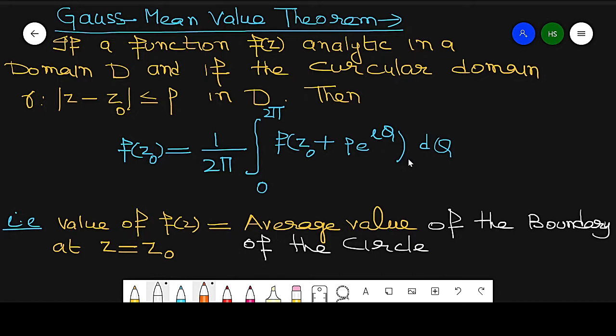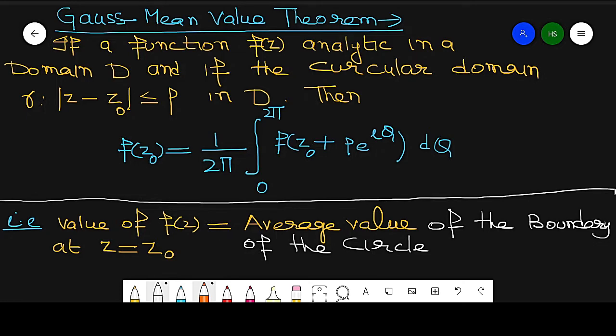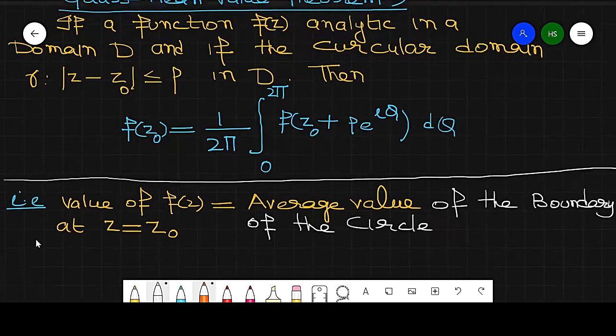We take the values at the boundary, then take their average, and that is equal to the value of the function f(z) at z equal to z0. This is a very important concept. This is called the mean value theorem, the Gauss mean value theorem.